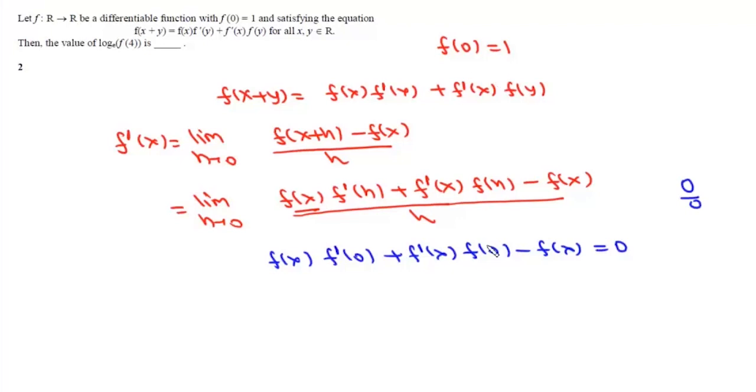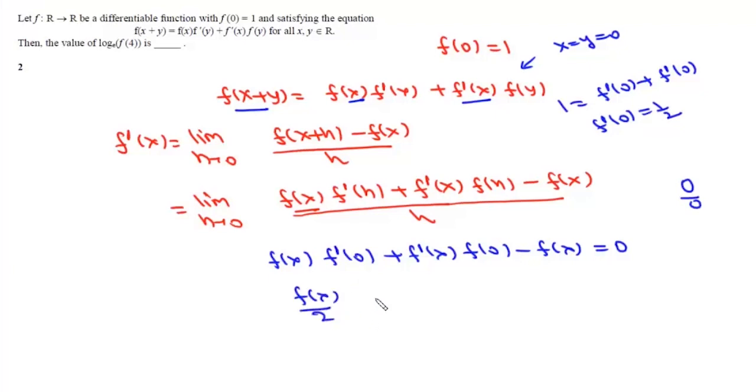Now we already know the value of f(0), we need to find the value of f'(0), and for this, in this equation we'll put both x and y as 0, so it will be f(0), which is 1, times f'(0), plus f'(0) and f(0) is again 1. So the value of f'(0) is 1 by 2.